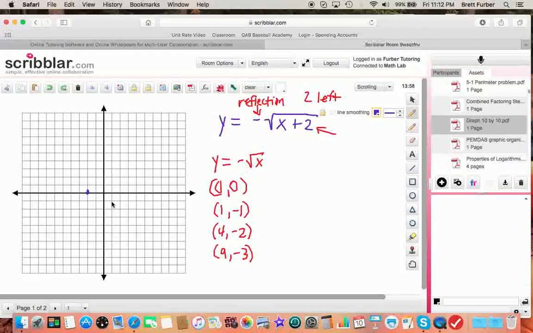It's going to shift 2 left. 1, 2. 4, negative 2 is originally here. It's going to shift 2 left. 1, 2. And then 9, negative 3 is going to shift 2 left. 1, 2. And again, now I can draw in my graph.